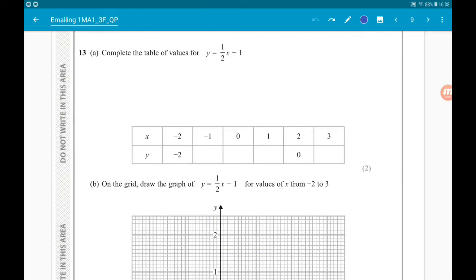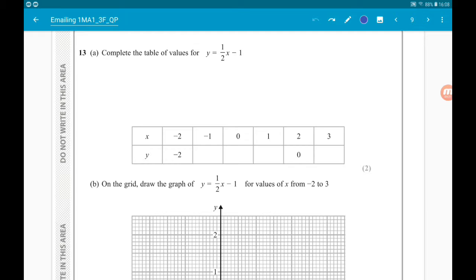Alright, number 13, we want to, for part A, complete the table of values for y equals 1/2 x minus 1. So that means, to find the value of y, we halve whatever x is and subtract 1.